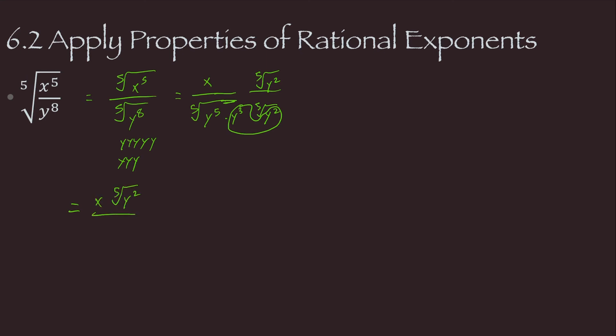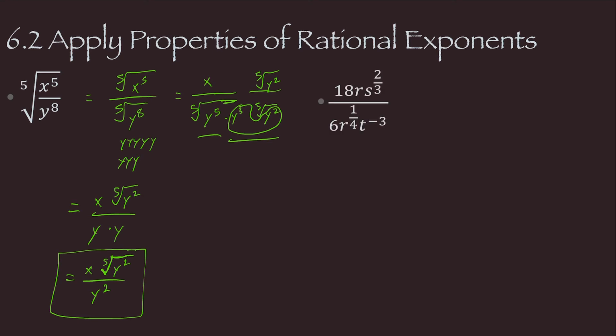On the bottom, I have one group of y's and another group of y's. So it'll be the 5th root of y squared over y squared. The y squareds do not cancel because one is inside of the 5th root, the other is not. So that there is the answer.